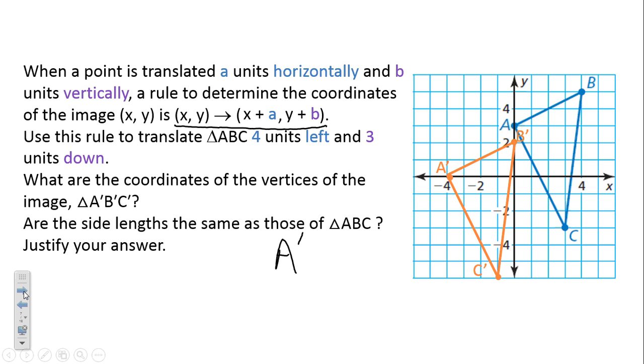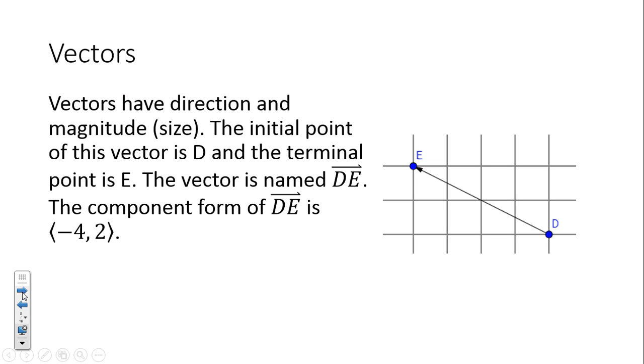All right. Now, as we move to the next box, the one on the upper right, we're going to talk about vectors next. Vectors have both direction and magnitude, or size. So write that down in the upper right box of your notes.